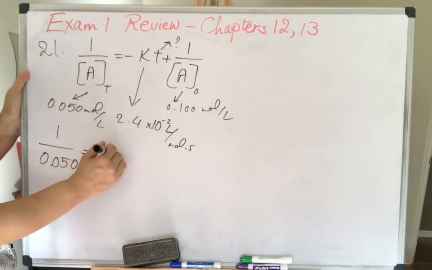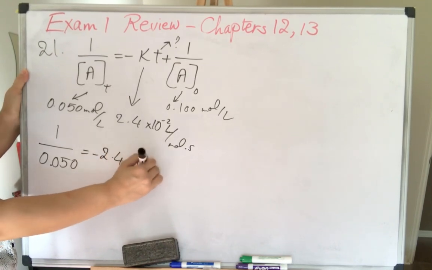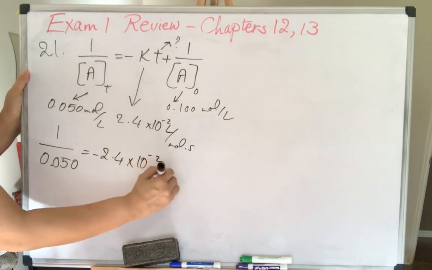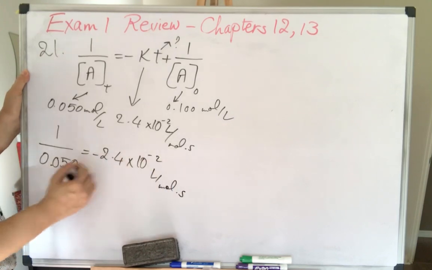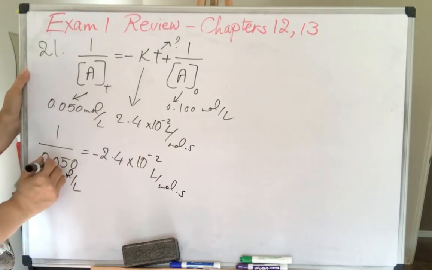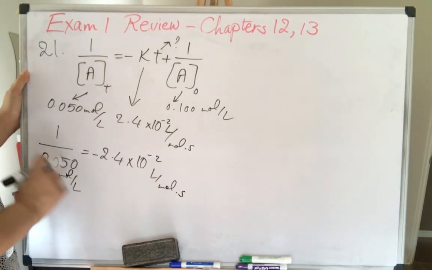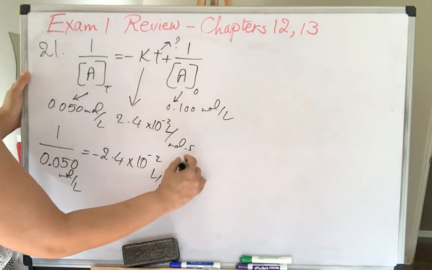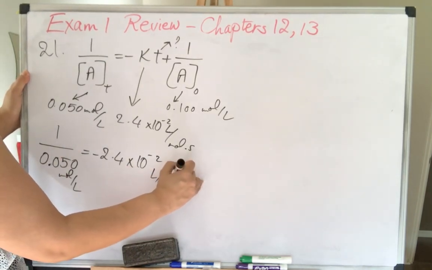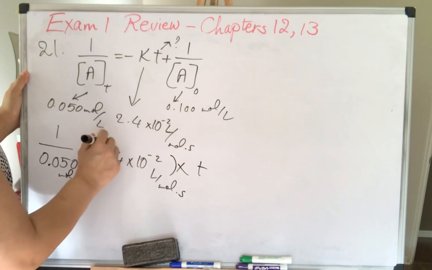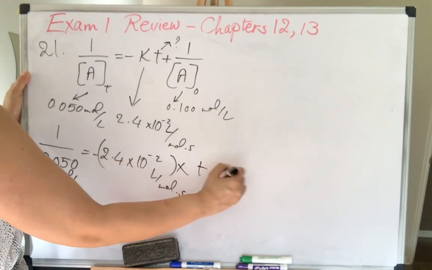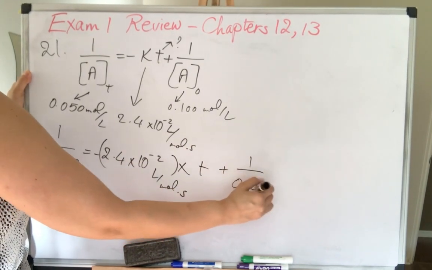1 over 0.050 is equal to 2.4 times 10 to negative 2 liter per mole second times T plus 1 over 0.100.